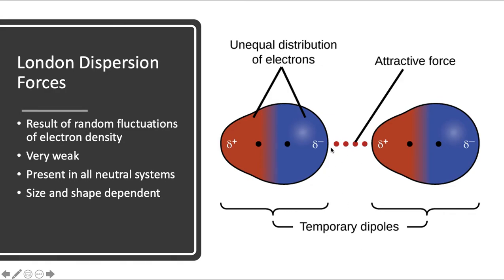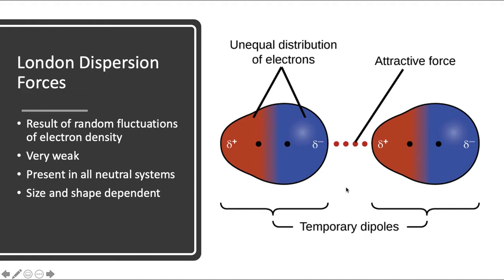And these little interactions between temporary dipoles of one molecule and another, or one atom and another, can be an attractive force. If these two are opposite each other, it could be a repulsive force as well. But these types of interactions are what cause those dispersion forces, London dispersion forces.